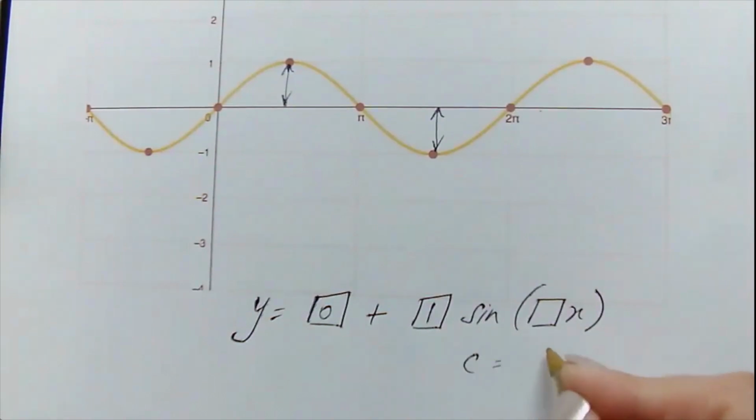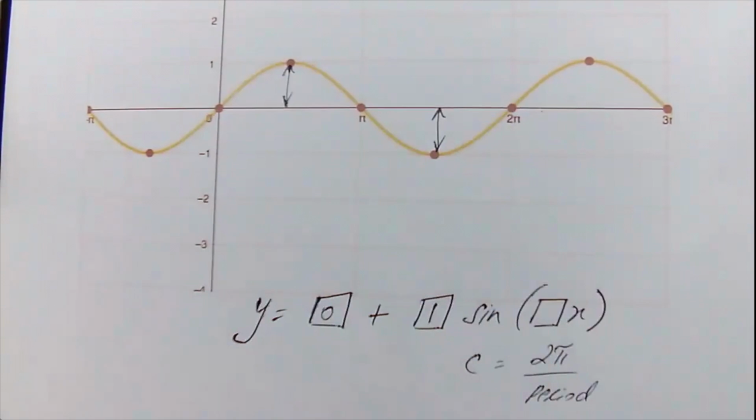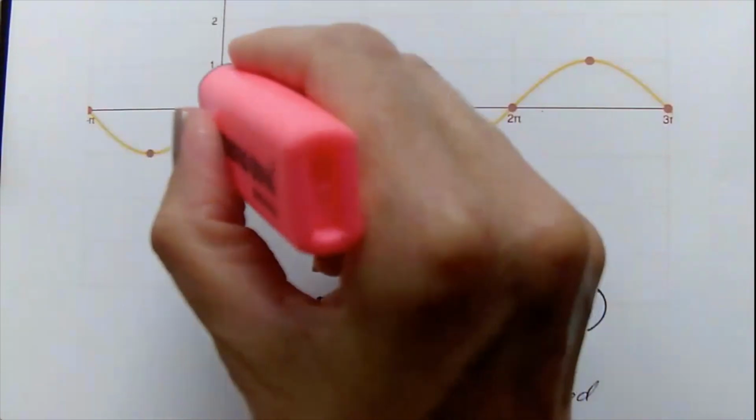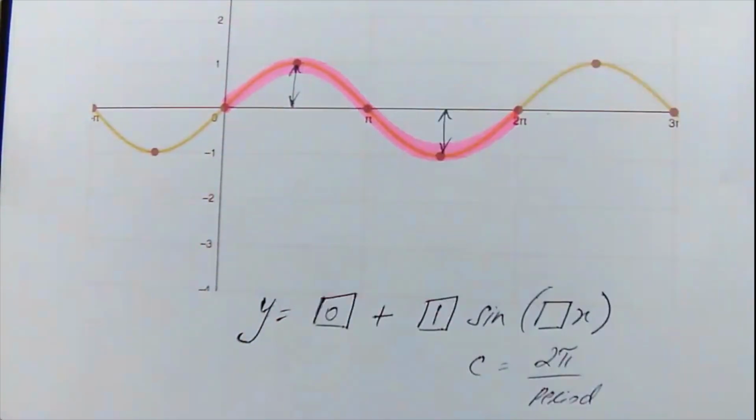So I'm going to consider this little equation here that you need to learn off: c is equal to 2 pi divided by the period. Now, the period. I know the sine graph is, of course, this shape, and that's what will repeat. It's always this horizontal backwards S.